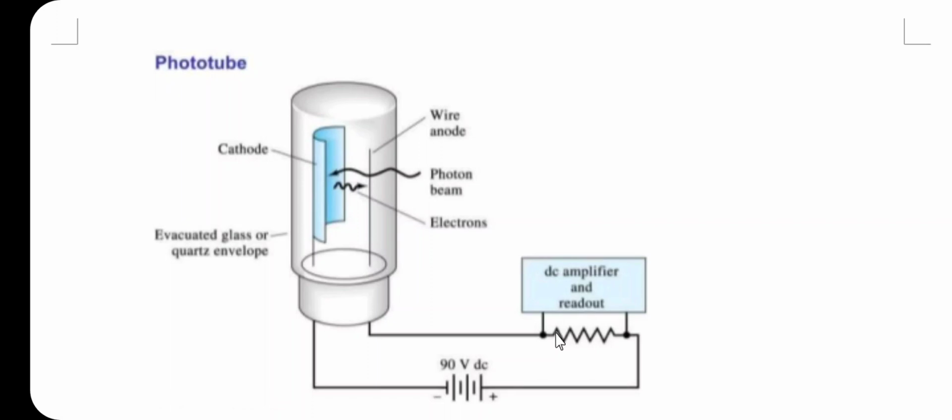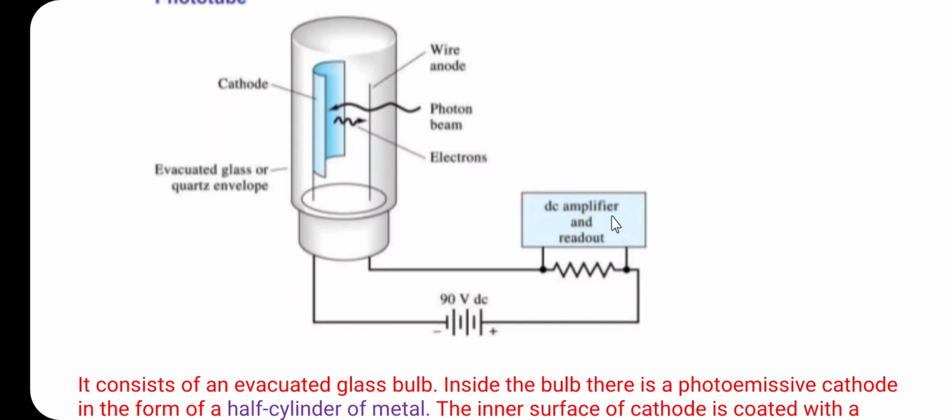The current is amplified and measured by the readout device. This current measures the radiant power of the light radiation striking the photosensitive surface.